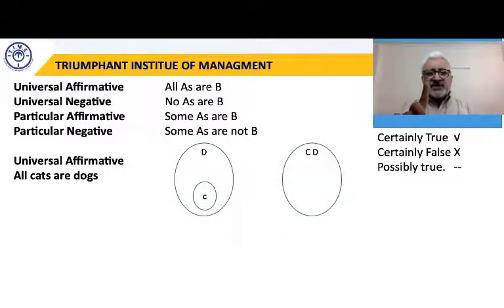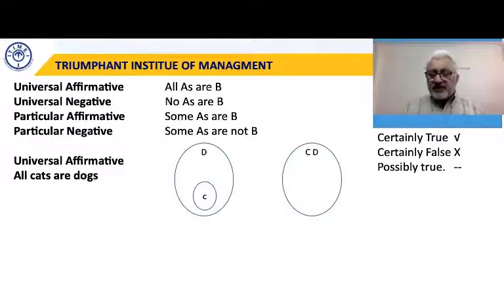In 1 out of 100 chance also, if you have a possibility of the statement being true, then it is said to be possibly true. And on the contrary, if in 99 cases it is true, but in one case it is false, then also we use the term possibly true. And possibly true is indicated with a dash.